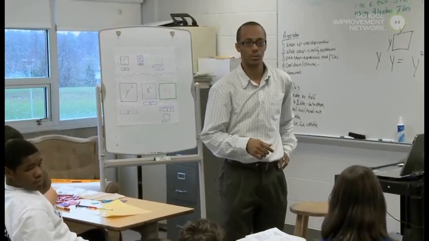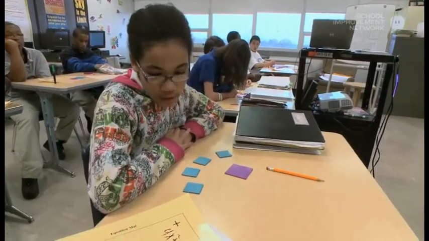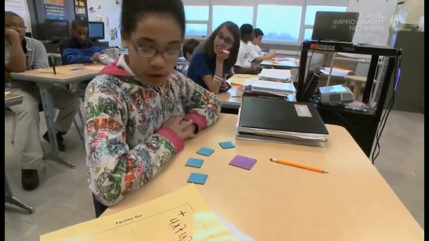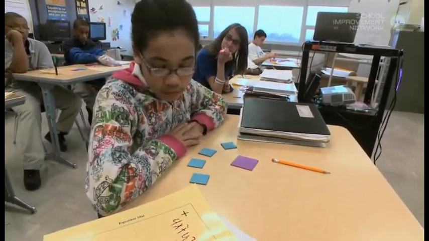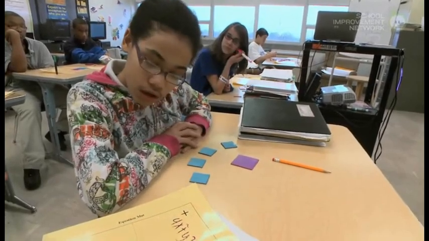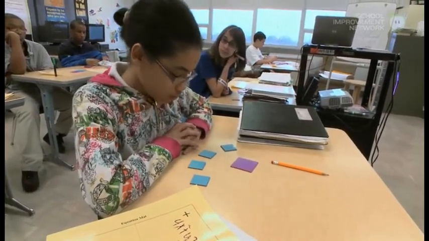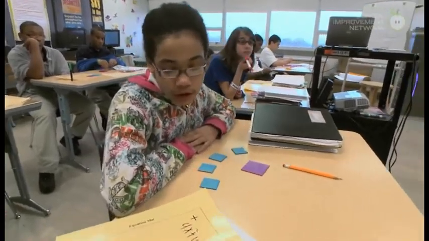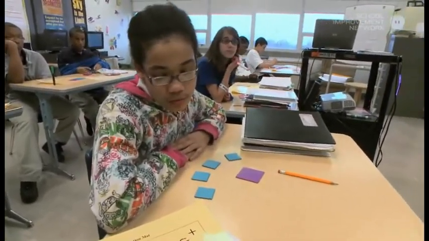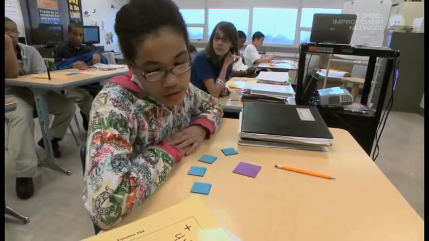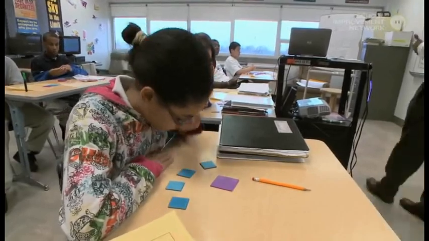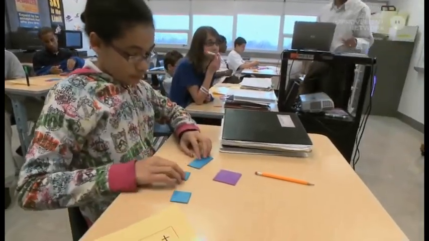How about Kiana? How many x squares do you have? 4. 4x squares. So she said 4x squared plus y squared.